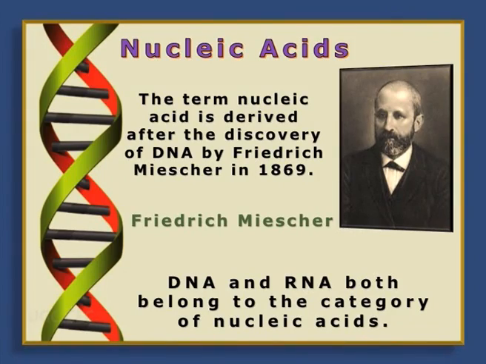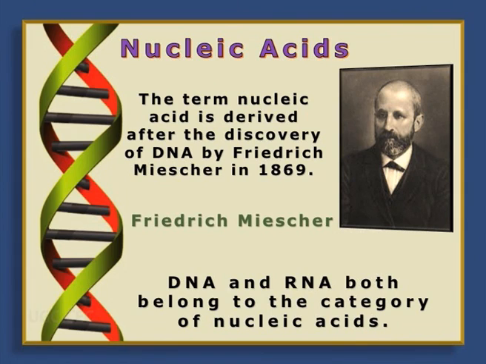Now let us first move into the first slide showing the photograph of a very famous scientist. The photograph here belongs to Johannes Friedrich Miescher, a Swiss physician and biologist who first coined the term nuclein. The term nucleic acid is derived from nuclein, and he was able to isolate a phosphate-rich compound which was acidic in nature from the nuclei of white blood cells.